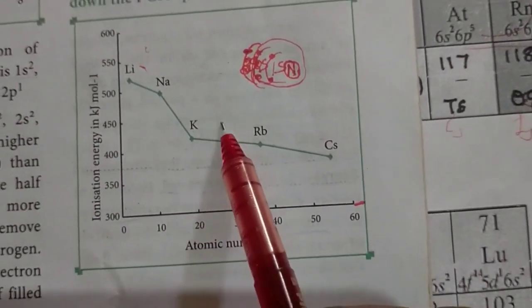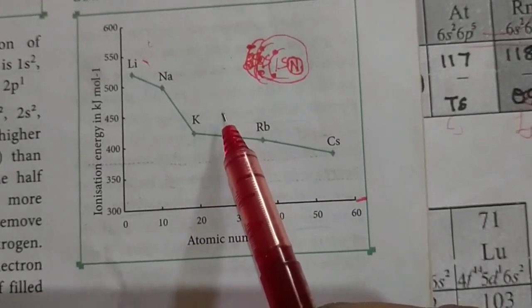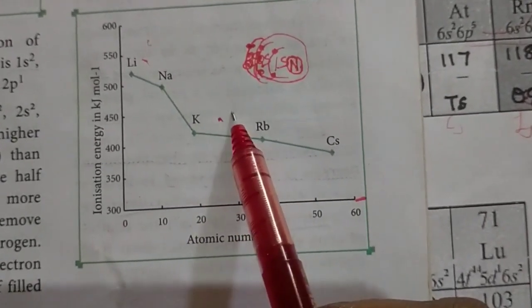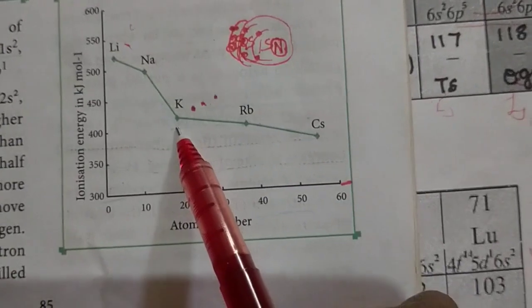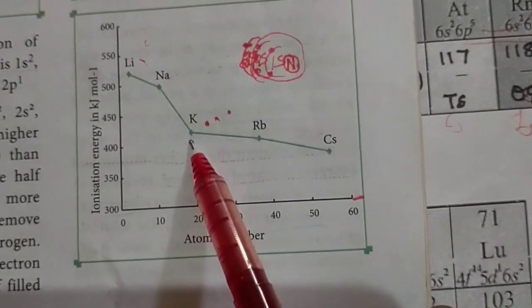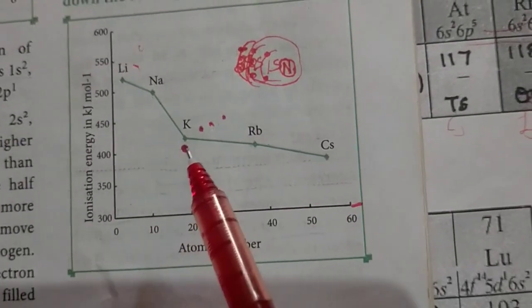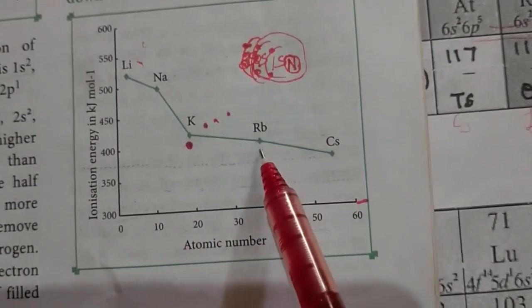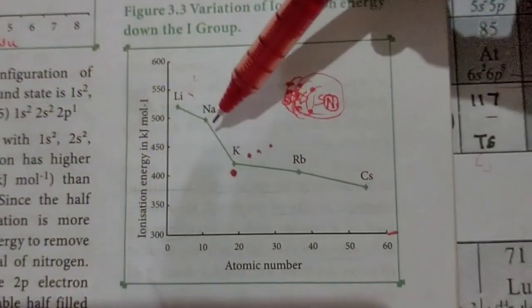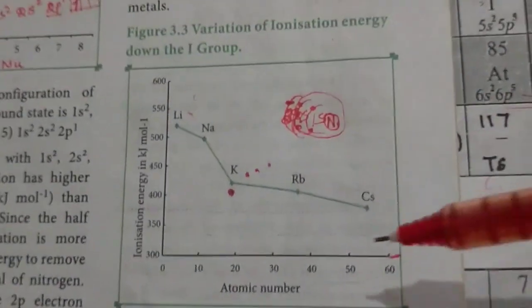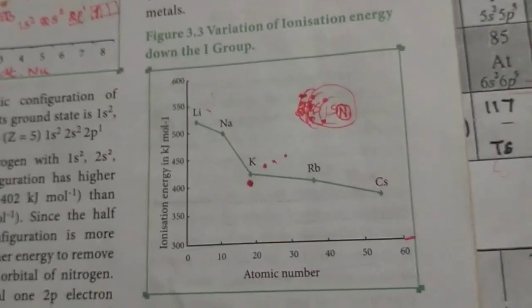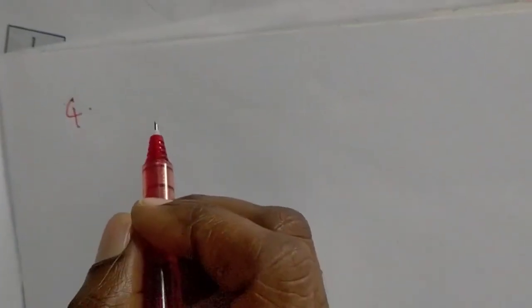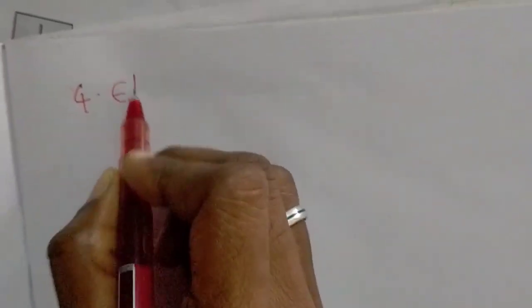Potassium is in the fourth period, so with fourth principal quantum number it contains more shells than sodium, so its ionization energy is decreasing with increasing screening effect. In rubidium it is the same case, and cesium also. So ionization energy decreases with increasing atomic number, depending upon the shielding effect.